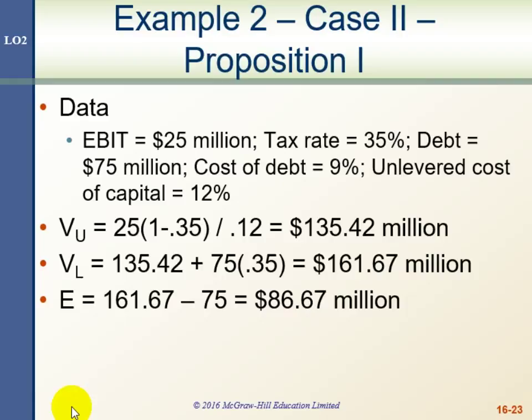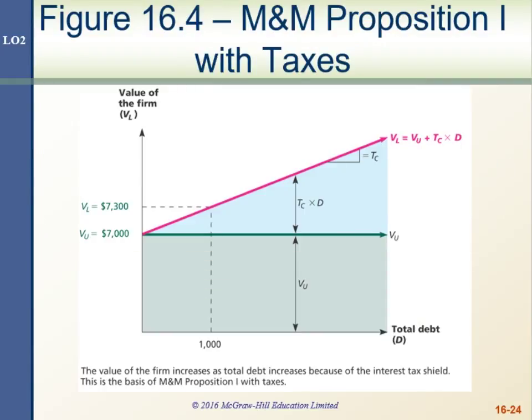So the amount of equity is just the remainder of the value of the firm, which turns out to be $86.67 million because we've increased the value of the firm by simply issuing debt. So this tells us that the capital structure does make a difference to the value of equity, which is the opposite conclusion from the previous consideration in the absence of taxes.